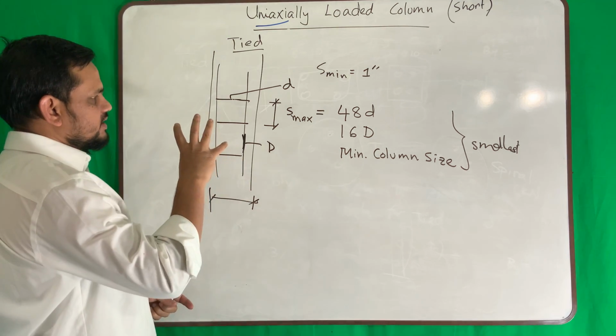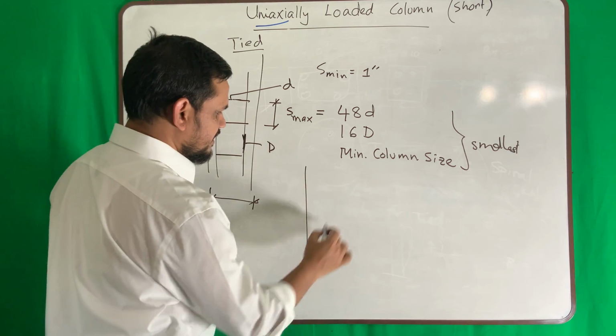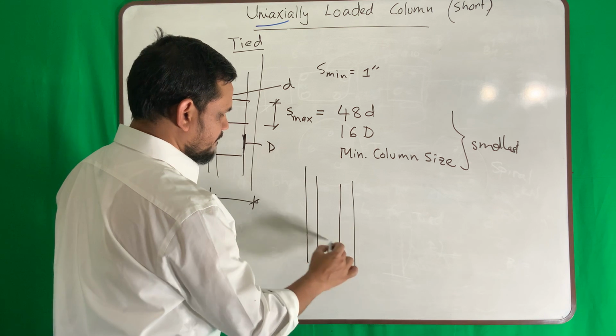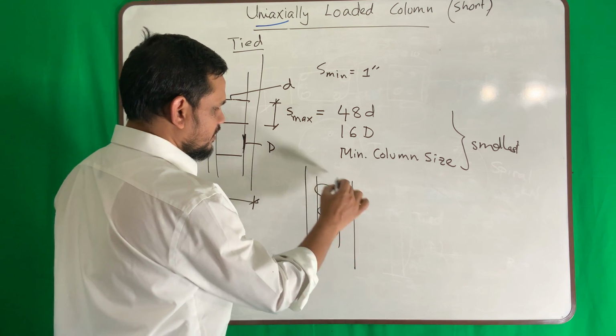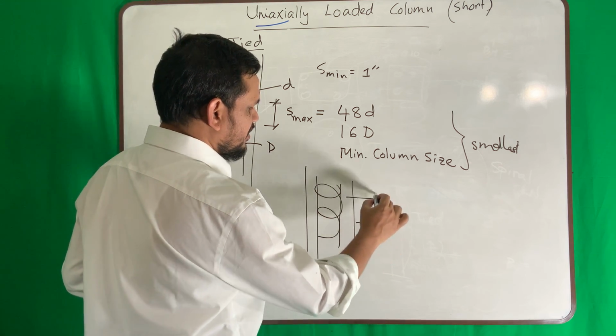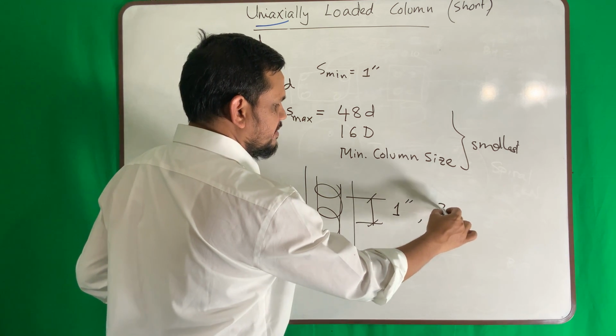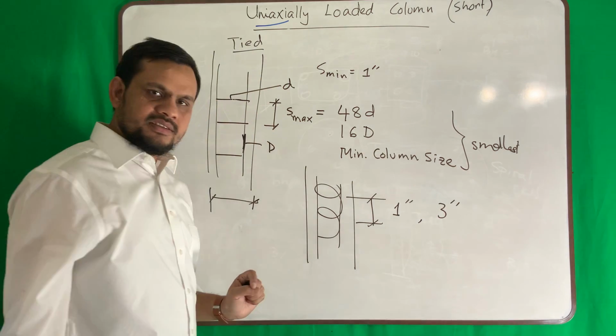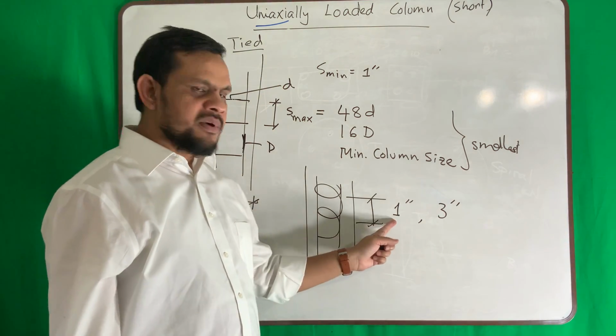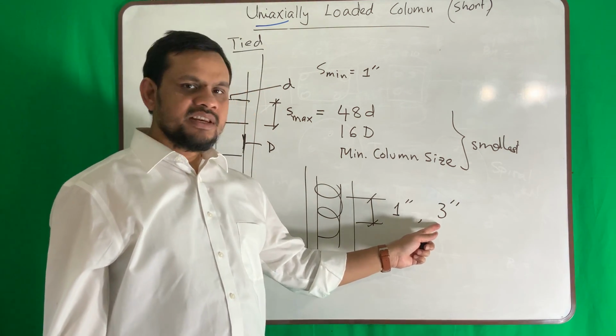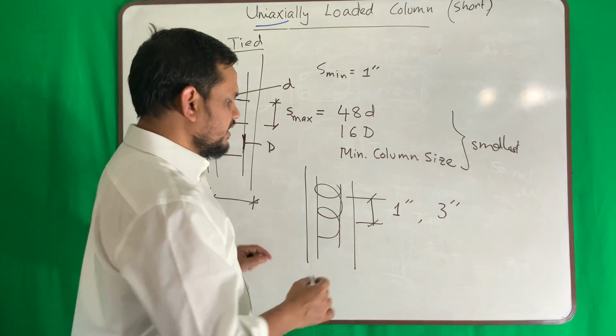Now if it is spiral, what should be the minimum or maximum? Minimum is 1 inch, maximum is 3 inch. For spiral, minimum is 1, maximum is 3. But what is the required?